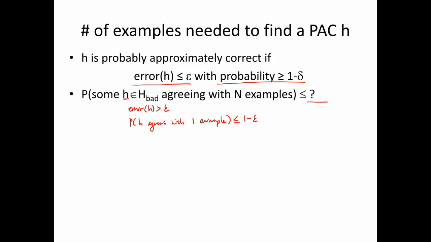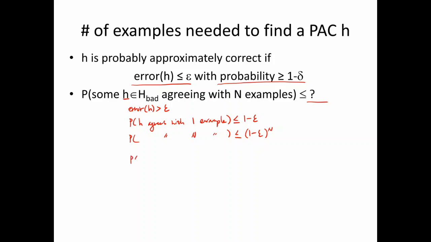So basically H has over epsilon percent chance of misclassifying an example. So the probability of it classifying an example correctly would be less than or equal to 1 minus epsilon. Now the probability of H agreeing with n examples would be less than (1 minus epsilon) to the nth power. So it's less than 1 minus epsilon for each example, and you have to do that n times.